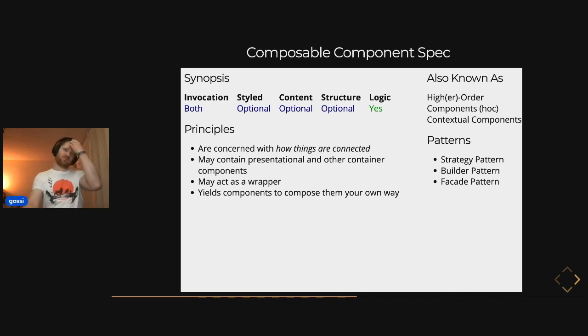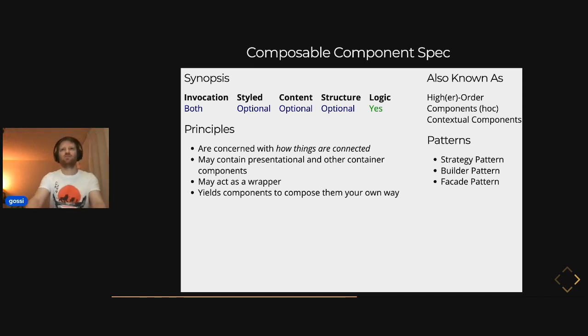For the principles, it's mostly that they are concerned with how the things are connected within themselves. That also means they may contain some presentation components or also other container components. They may act as a wrapper, but they also function themselves. Or they may yield components, so you can compose them the way you want, but the component itself makes sure that those components are wired up in the way it needs them to be.